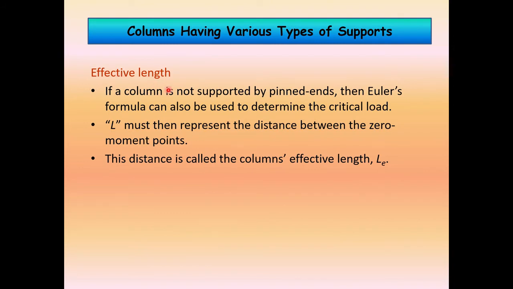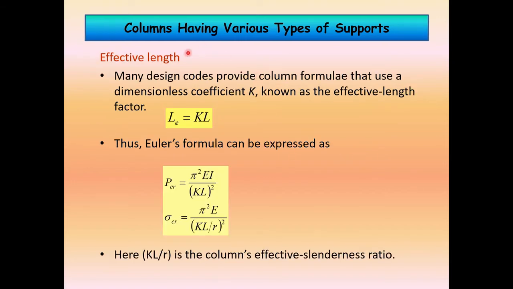Effective length. If a column is not supported by pin ends, the Euler formula can also be used to determine the critical load. L must represent the distance between the zero moment points, and this distance is called the effective length, or LE. Many design codes provide column formulas that use a dimensionless coefficient K, known as the effective length factor.